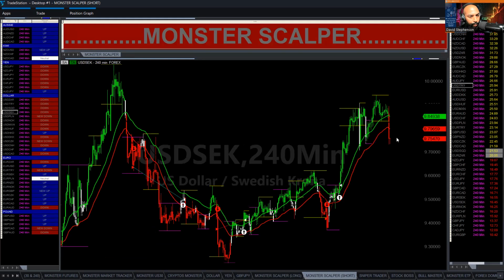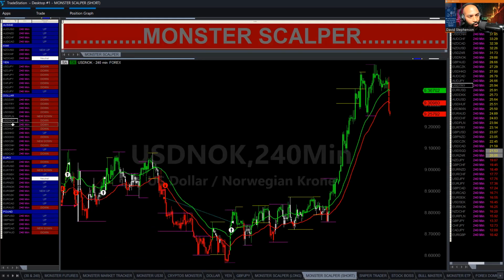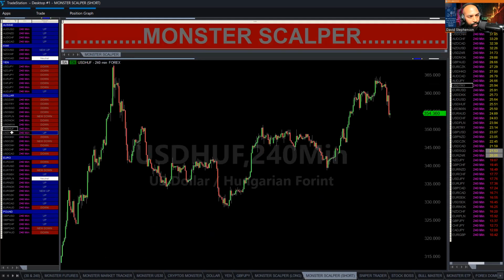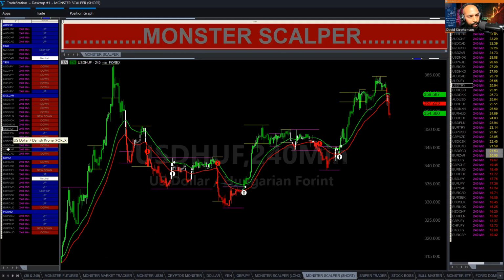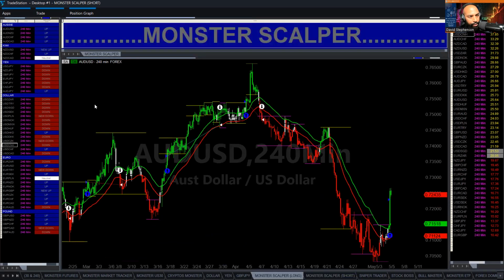Some of them will give short signals, but I would wait because that dollar index is still holding. We are seeing a move in the Aussie pairs, so keep an eye on the Aussie pairs to go long.